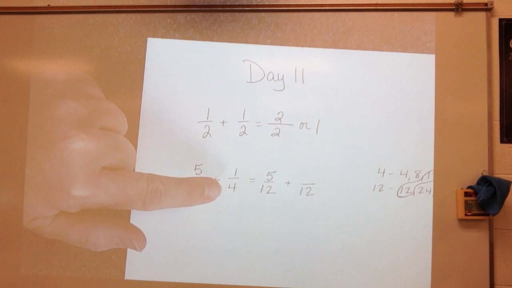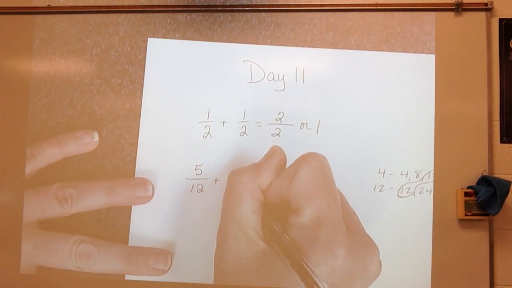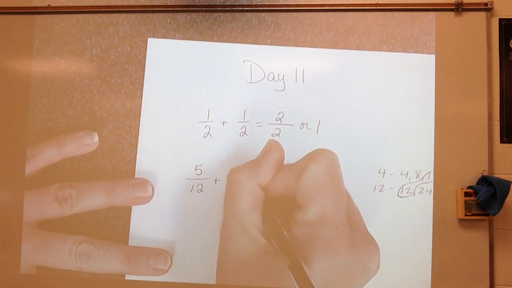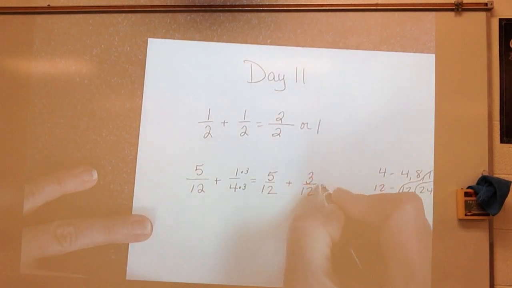Yes, it did. So I've got to figure out by how much. So I'm going to ask myself, 4 times what gives me 12? Well, 4 times 3 gives me 12. So because I multiplied that by 3, I also have to multiply the top by 3. So then I get 3/12.